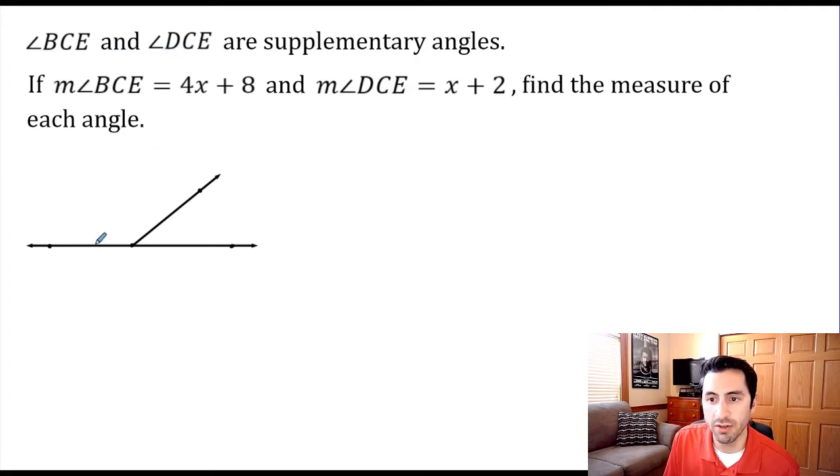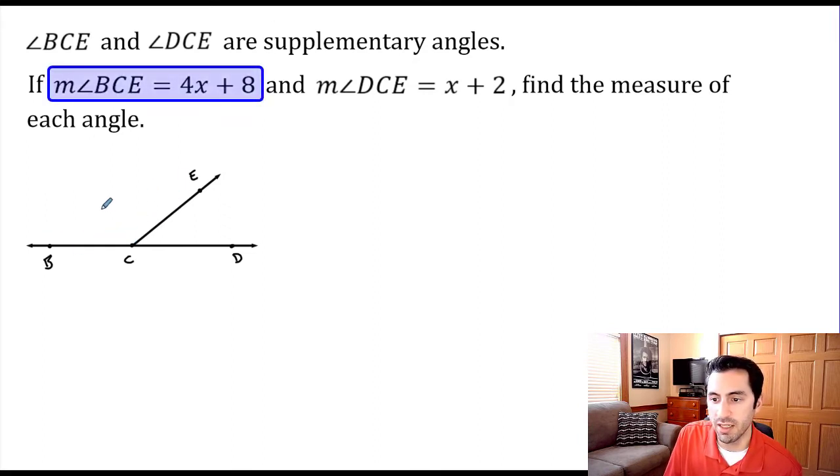Both of those angles share the two letters CE. So that's telling me that's the shared side. So this is going to be C and E. And then I'll say this one is B. And then over here, this is going to be point D. I'm going to put in the information I'm given. So angle BCE, this is represented by 4x plus 8.